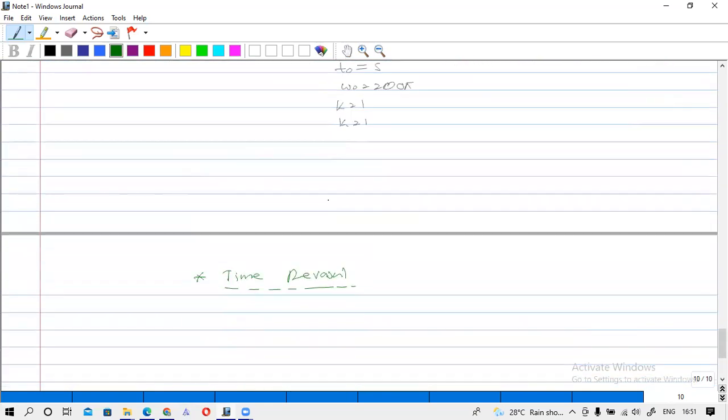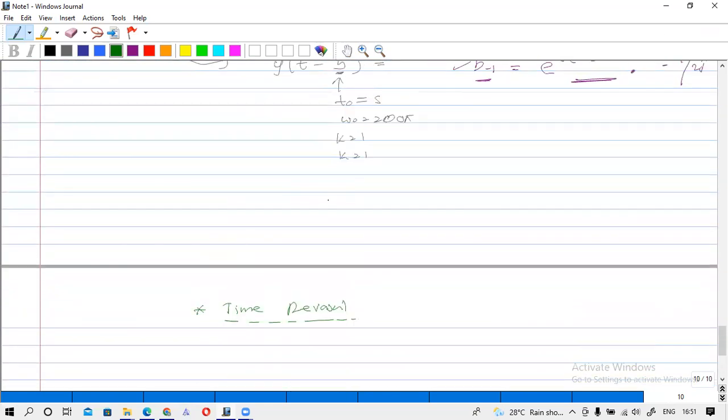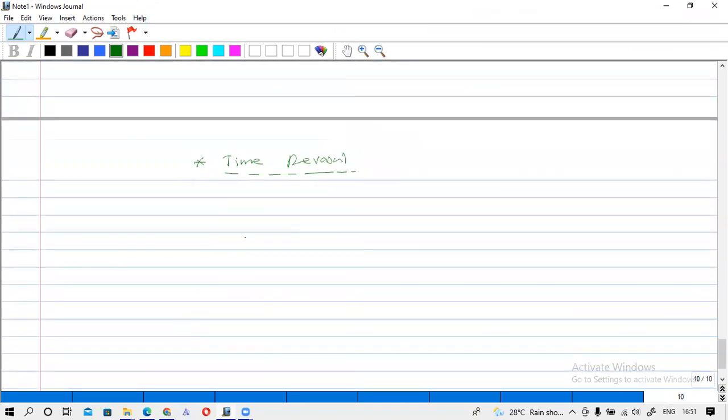So I'm going to do the time reversal property. You know what time reversal is, that is time reflection. If you have an x(t) signal and you get the Fourier series, let's say the coefficients are a_k.